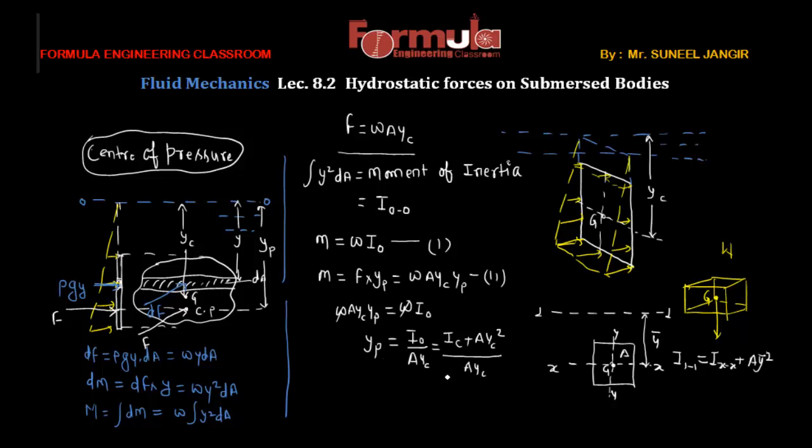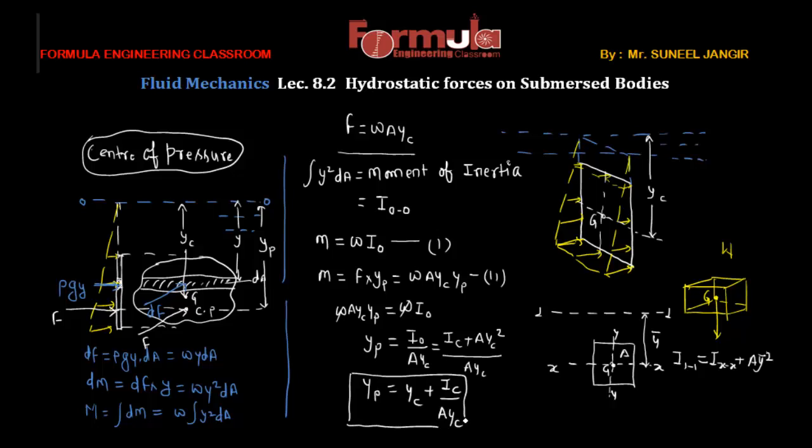So by simplifying this we can write Y_P is equal to A Y_C squared divided by A Y_C, that is Y_C, plus I_C by A Y_C. Okay, so this is Y_P.